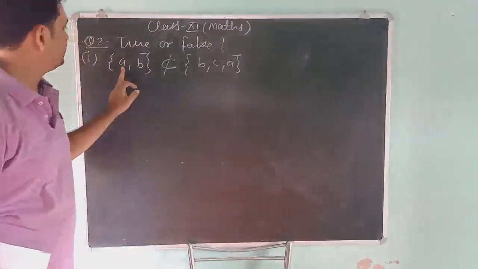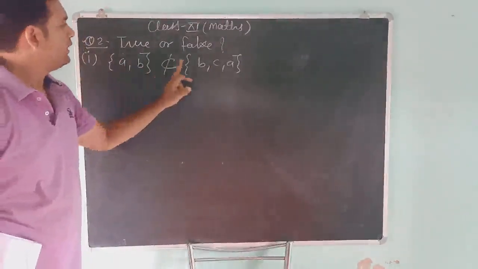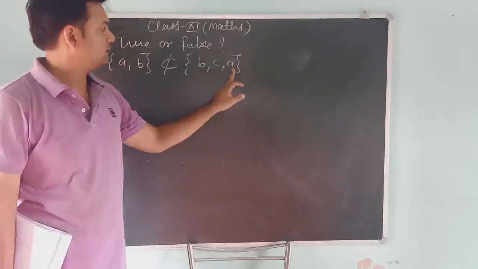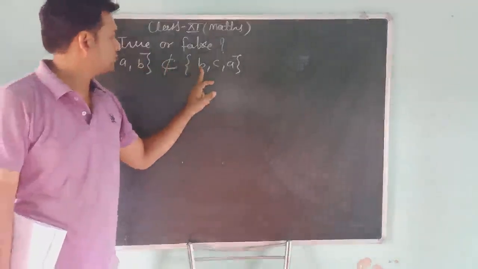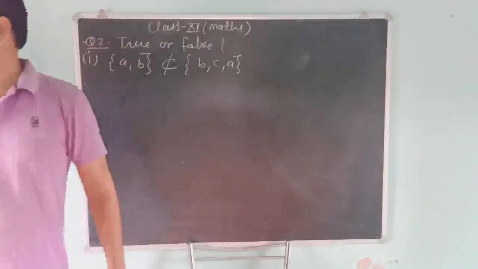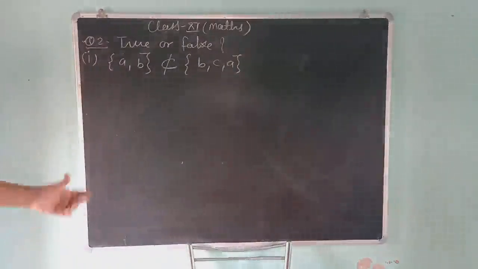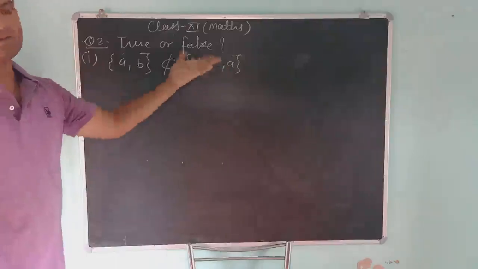Here we have element A, and also in the second set we have element A, and the element B is also there in the second set.